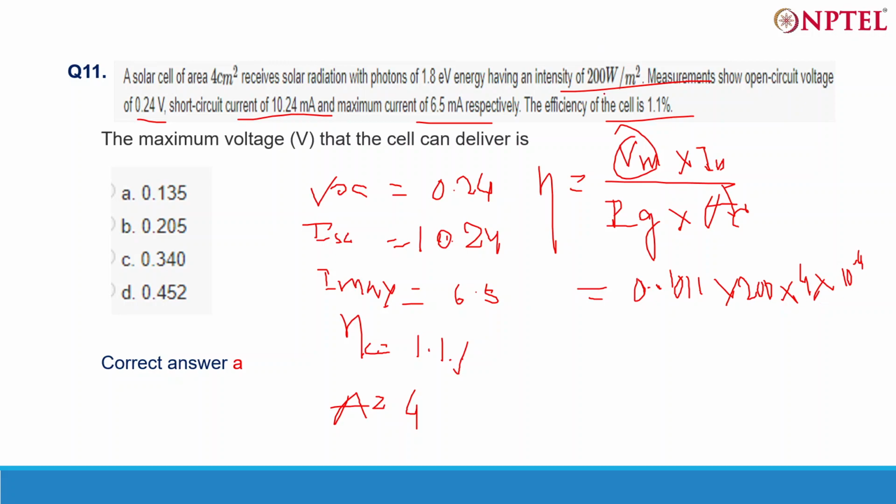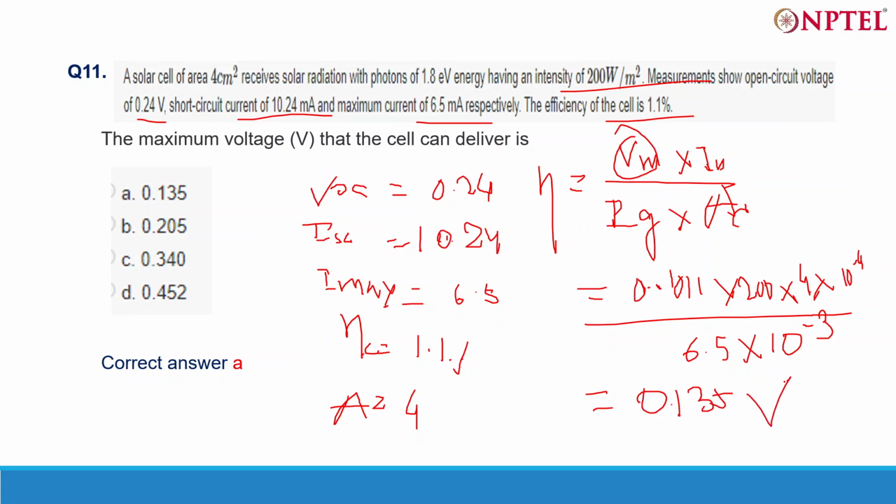Why 10 to the power minus 4? Intensity is in watt per meter square and area is in centimeter square. Upon 6.5 into 10 to the power minus 3. So V max comes out to be around 0.135 volt. The correct answer is A.